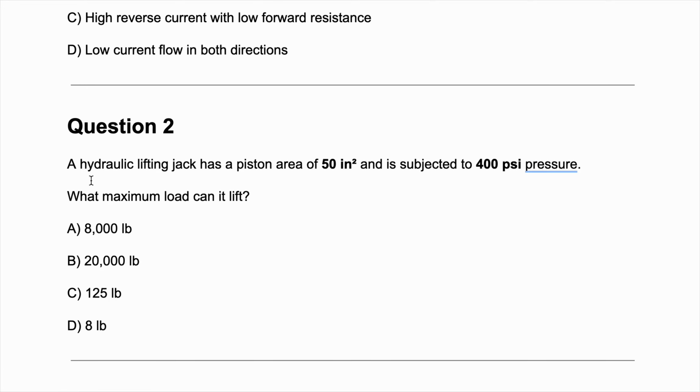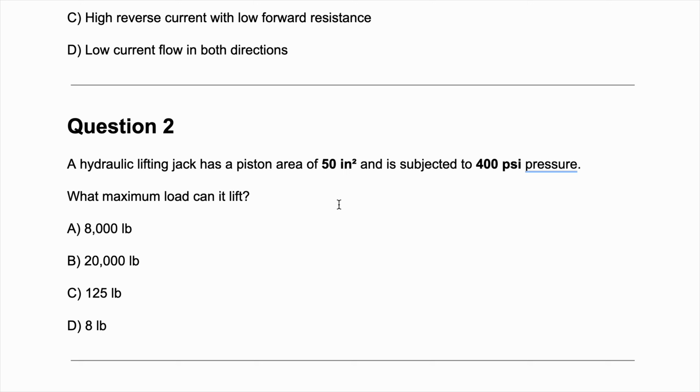Question 2. A hydraulic lifting jack has a piston area of 50 square inches and is subjected to 400 psi pressure. What minimum load can it lift?